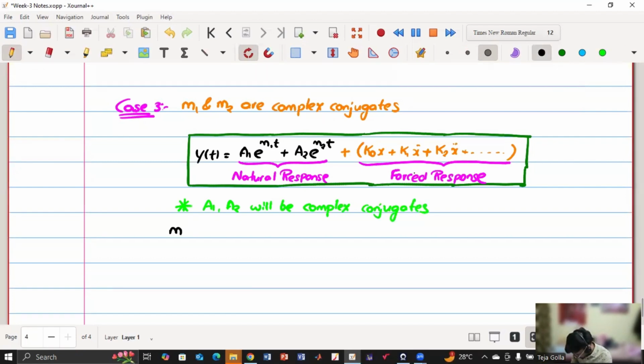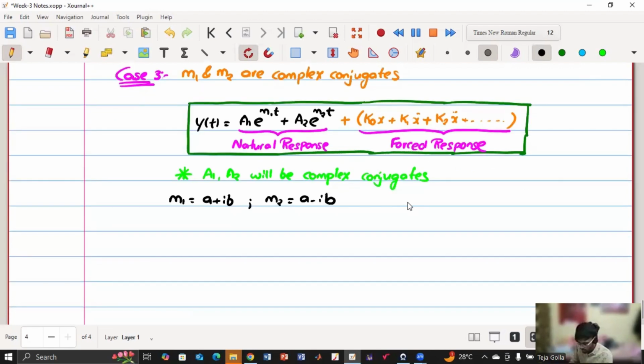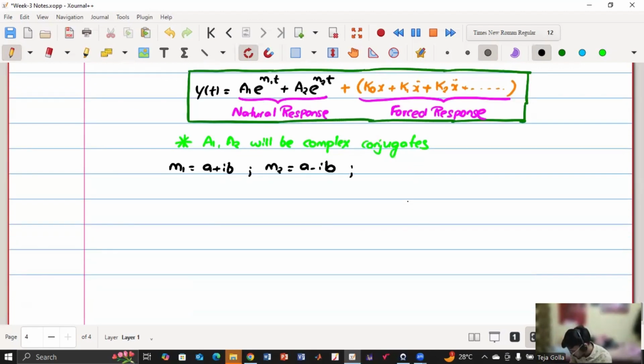Say M1 equal to a plus ib and M2 equal to a minus ib. Clear? Now A1 and A2 will also take some constants. So A1 equal to p plus iq and A2 equal to p minus iq.